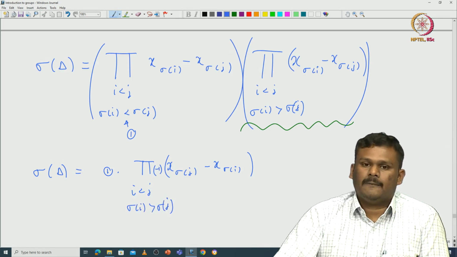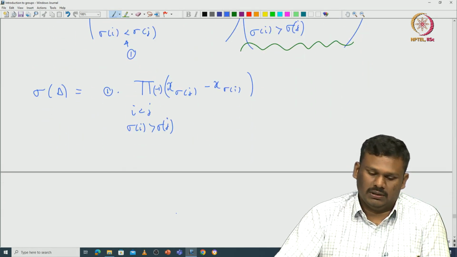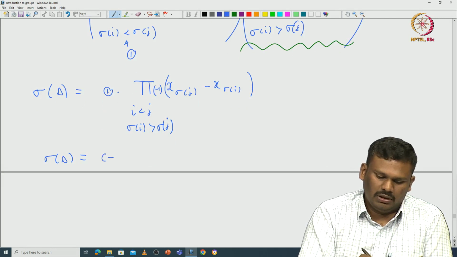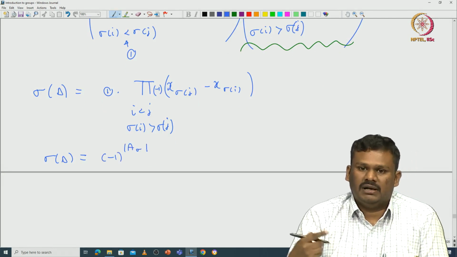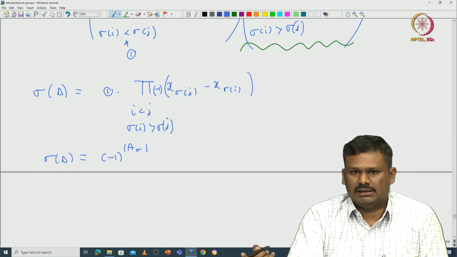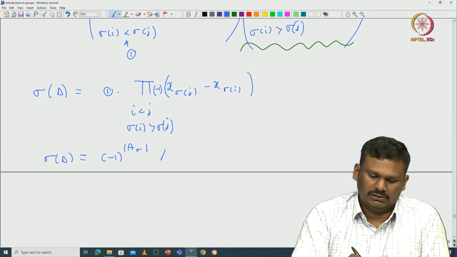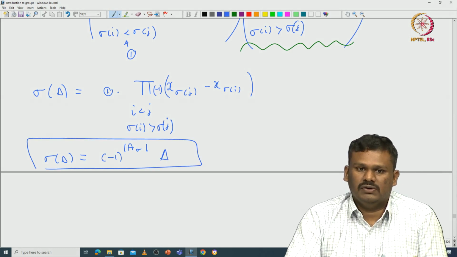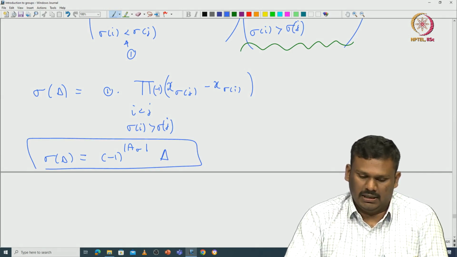So for each switch you get a minus 1. When you take them out, you will get minus 1 power the cardinality of A sigma. But sigma just permutes all the indices, so once you arrange it in the correct order, you get back delta. There is no issue with that. So sigma of delta gives you exactly some sign times delta.